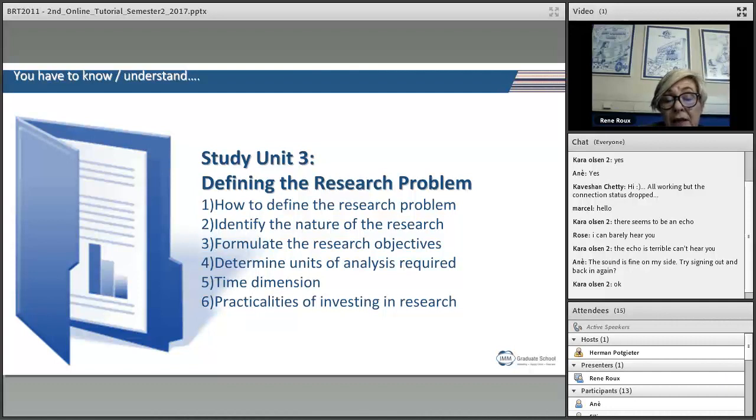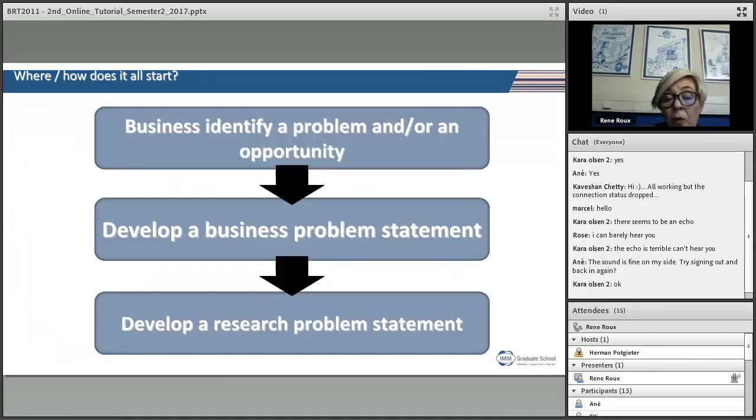Study unit 3 is about defining the research problem. So you need to know how to define the problem. You need to identify the nature of the research. You need to be able to formulate research objectives. You need to determine the units of analysis, what the time dimension is, and any other practicalities.